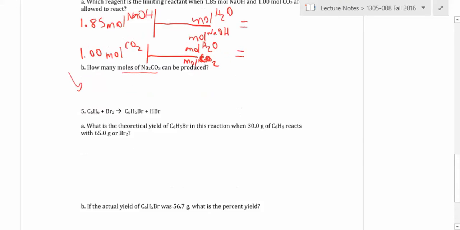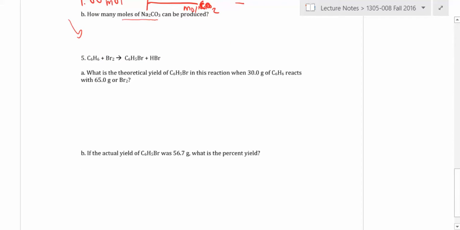Then, in number 5, what is the theoretical yield of C6H5Br? You're beginning with 2 different numbers. You don't know which one is the one that is actually going to give you the right number because one is limiting, one's in excess. Remember, excess is the one that doesn't matter. So we have to figure out which one's in excess.